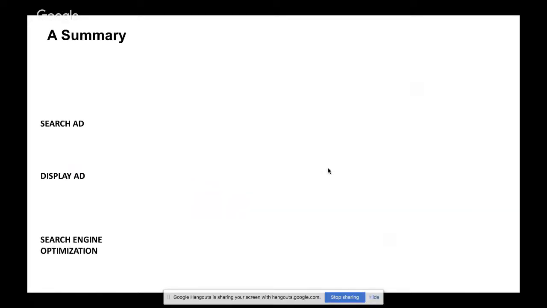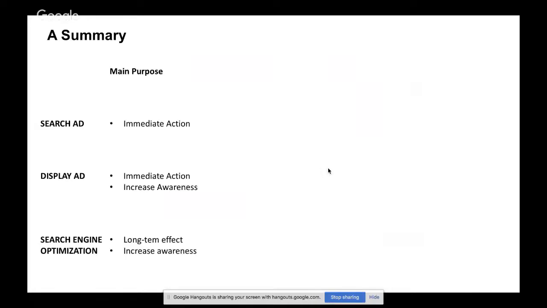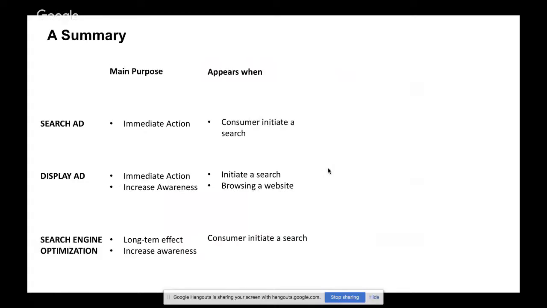So to summarize and compare display advertising with the two main search marketing tools, the main purpose is to either increase awareness or to induce immediate action from the customers. Okay, and it always appears when customers either initiate a search on a publisher's website, or are just normally browsing a publisher's website.